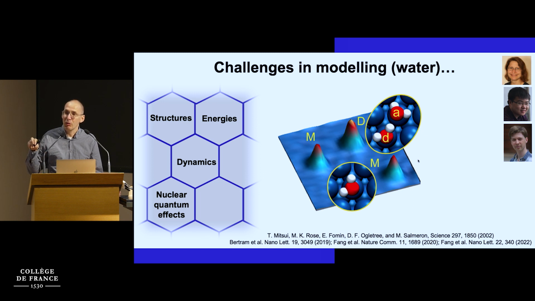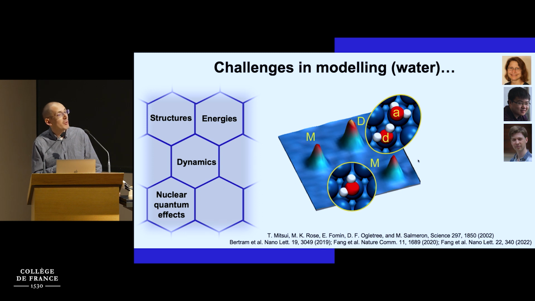In particular, there's quite a lot of evidence for nuclear quantum effects facilitating the motion of water molecules and water clusters on surfaces. The image you're seeing here is from Carina Morgenstern's group. It's an STM image in which she has deposited water on a copper surface, and we have three peaks.